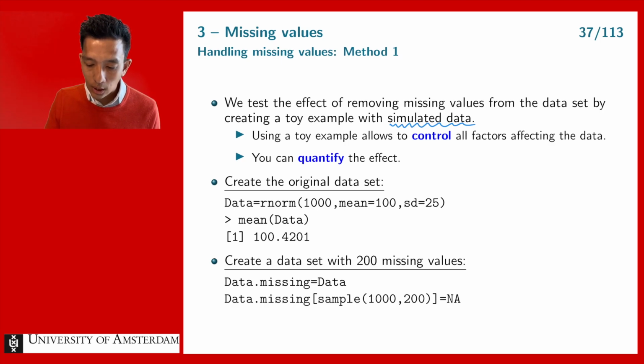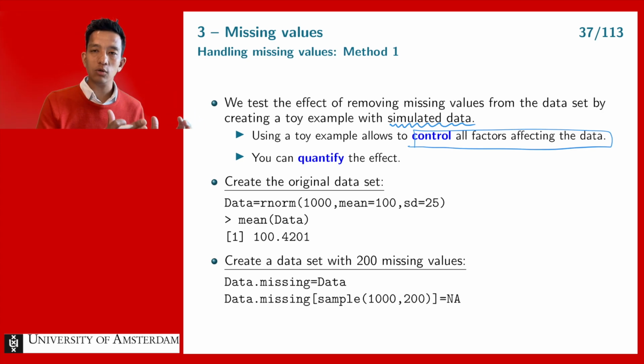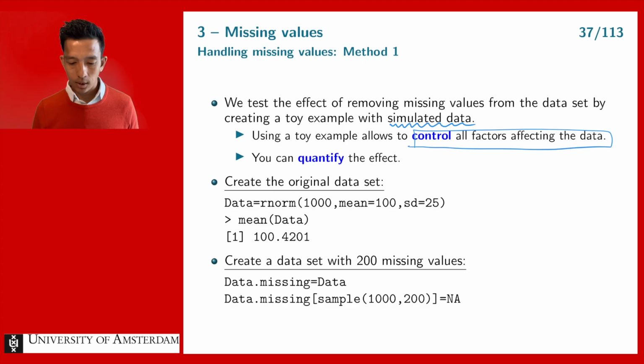It means that we can control all the factors affecting the data. So in our case, I want to have a nice and clean data set with only missing values. There shouldn't be any other problems with the data. For example, later on we talk about outliers. Well, now I only want to study missing values, so I do not want to study a data set with missing values and outliers. Right?